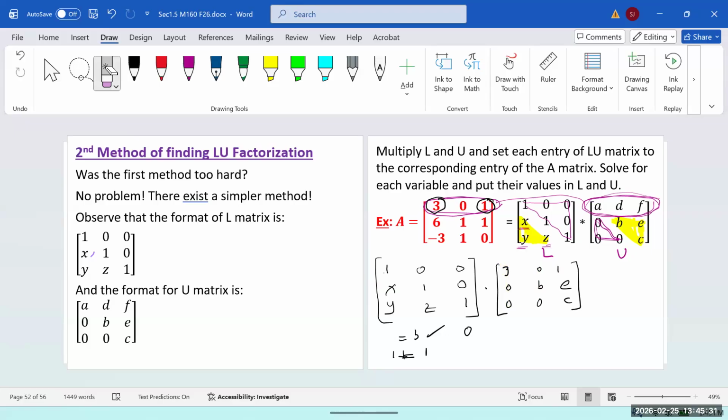Let's go to the second row. In the second row, we have a few unknowns. Second row, first column, we have 3 times x, plus 1 times 0, 0 times 0, nothing. So 3x is 6. That gives us x is 2.